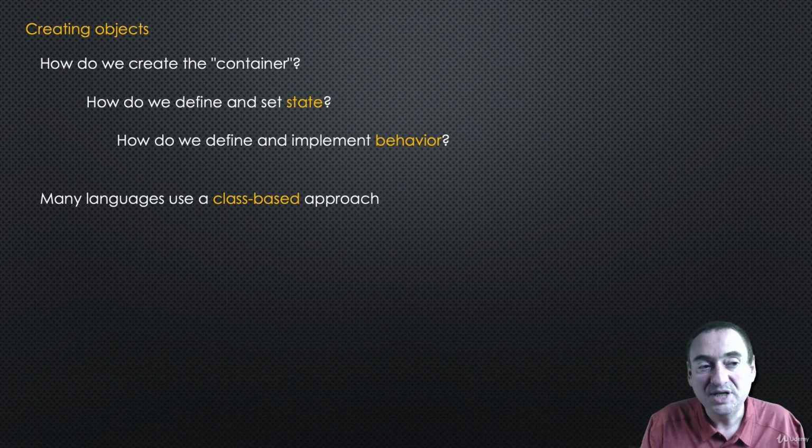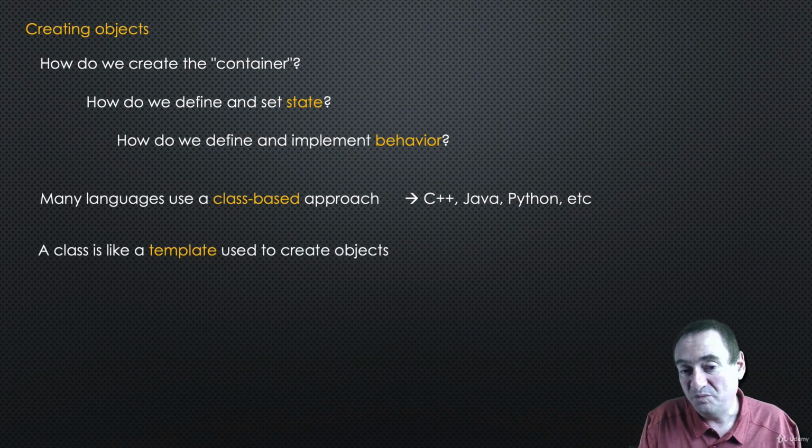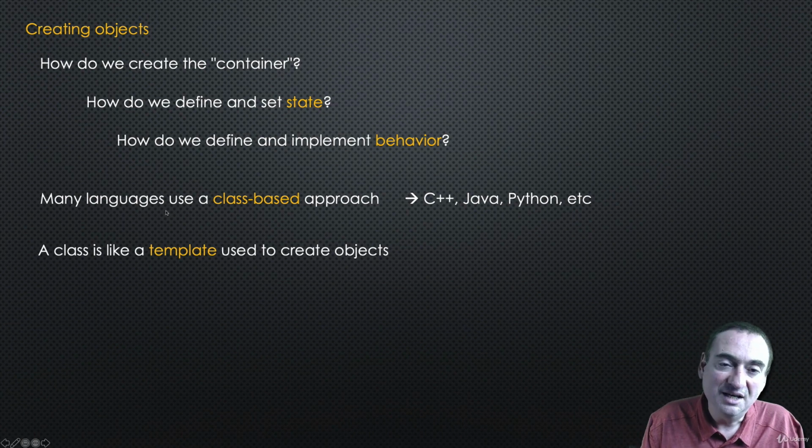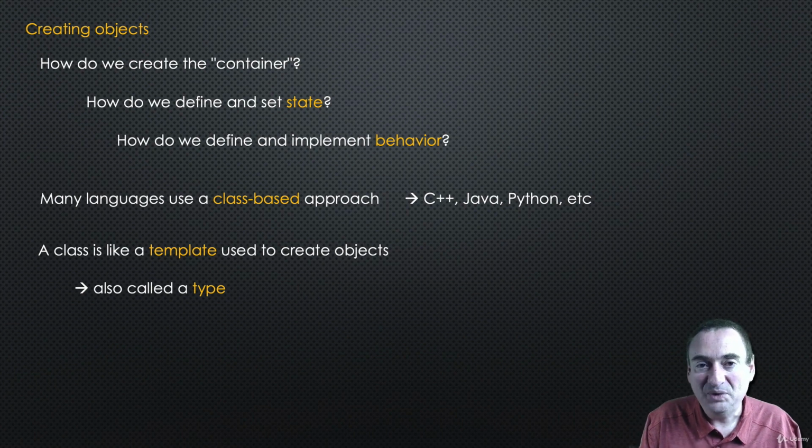Now, many languages use a class-based approach to define these container objects. So C++, Java, and of course Python. So a class, think of it as a template, as a blueprint used to create those objects. Now, that class, that template, is also called a type. So that's why when we talk about lists in Python, we say it's a type, but it's actually a class as well, right? It's the list class, but we also call it a type.